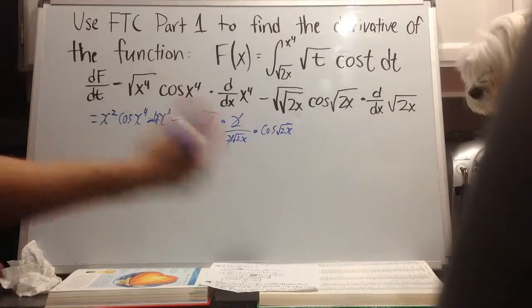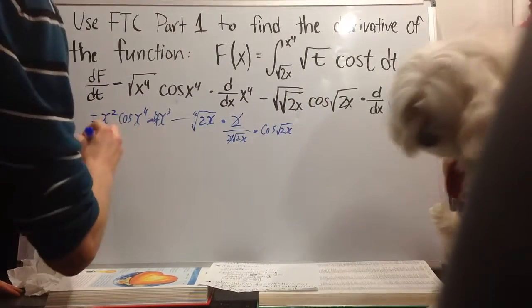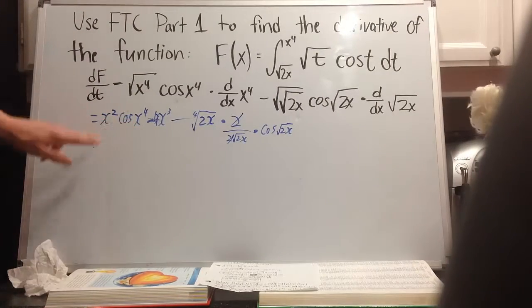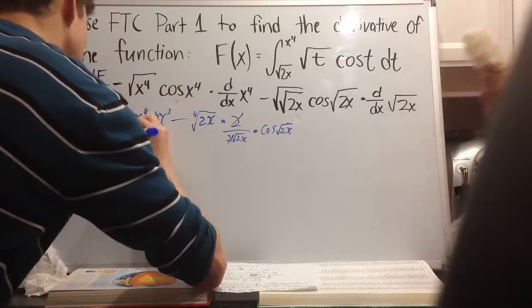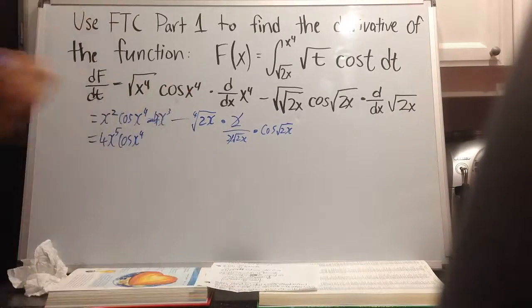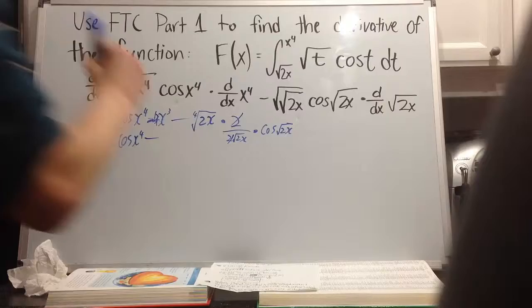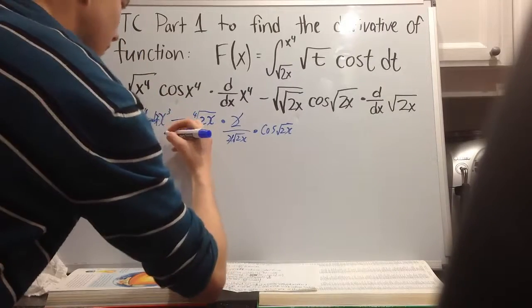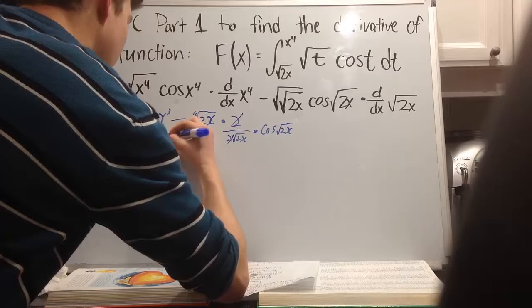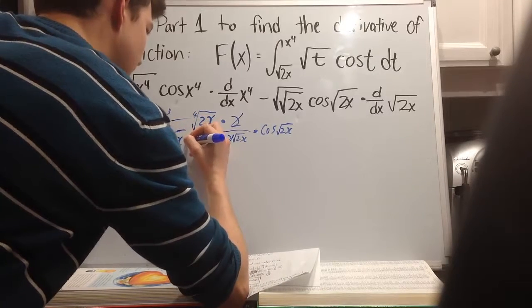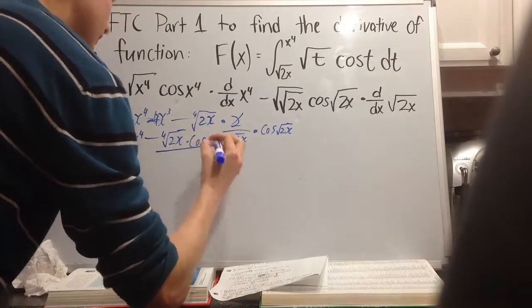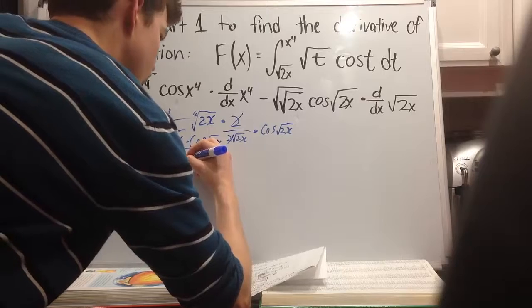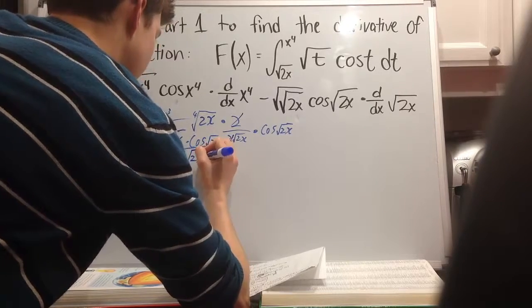Now, again, we go further. 4x cubed times x becomes 4x to the power 4 cos x to the 4, minus, here we can just simplify, minus the 4th root of 2x times cos of root 2x all over root 2x.